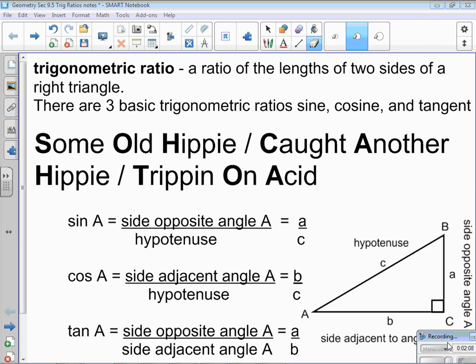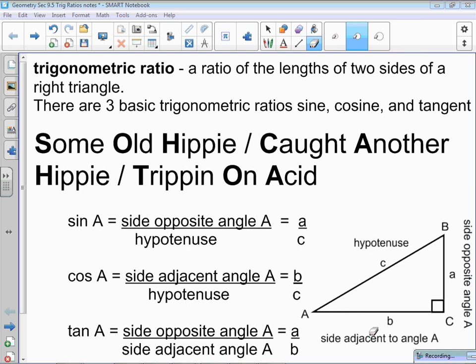So when we look at a triangle here, we're looking at angle A. That's the angle that we're looking at for the sine of. So straight across from angle A is the side opposite, right? And then we've got two sides that make up angle A or that are adjacent to angle A. But one of those is straight across from the right angle, so that one identifies as the hypotenuse.